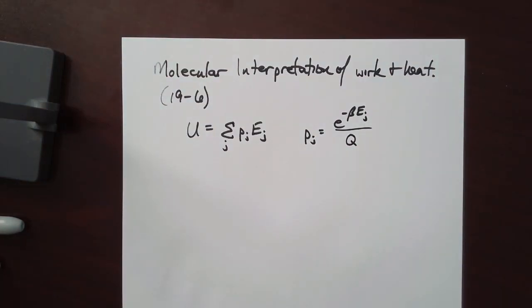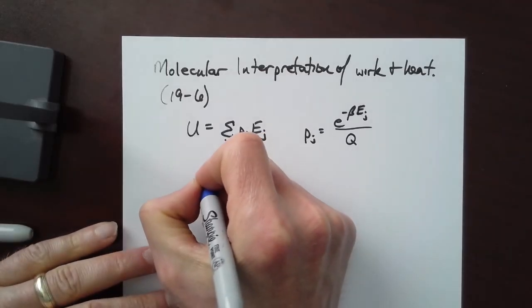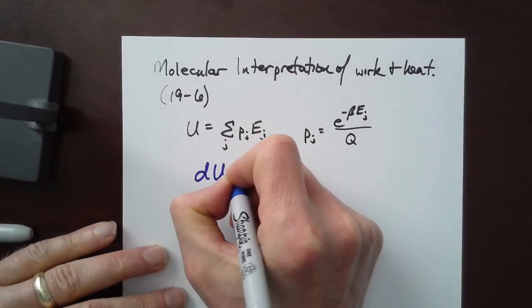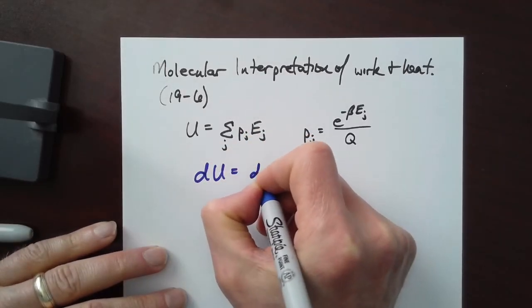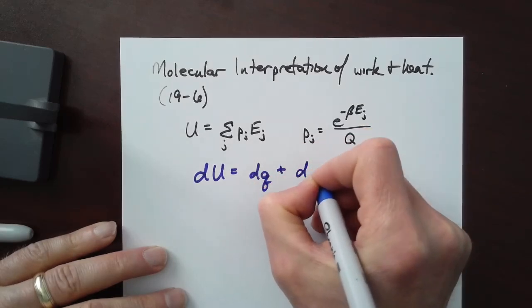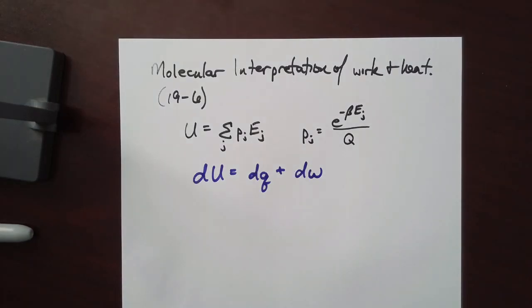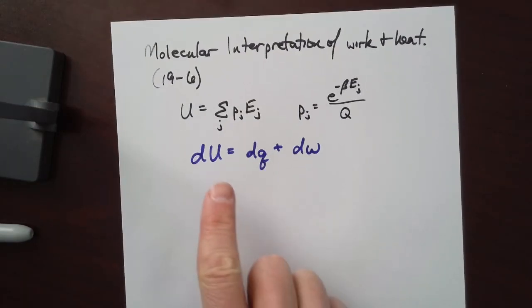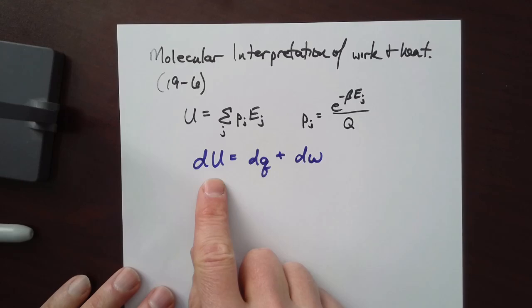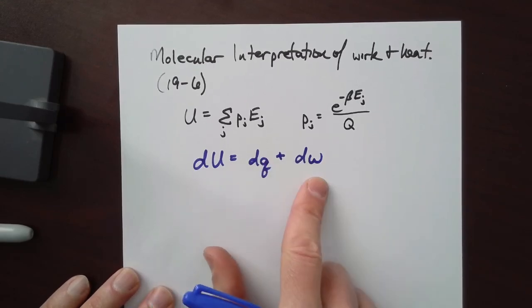Now, before we get any farther, let's remind ourselves about the first law of thermodynamics: dU equals dq plus dw. A change in energy is brought about by heat transfer and work done.